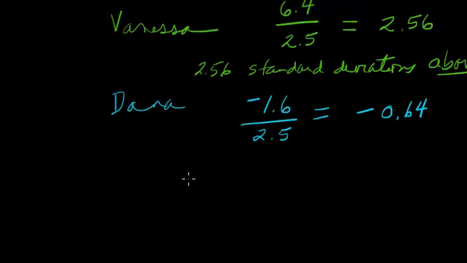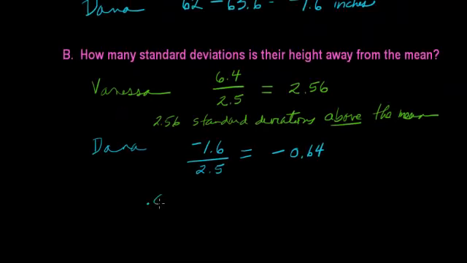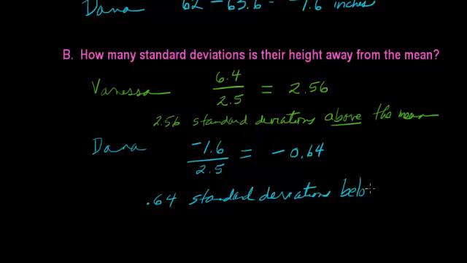Okay, so she was, in just distance, 0.64 standard deviations below the mean. That's what the negative tells us right there, that her height was actually below the mean.